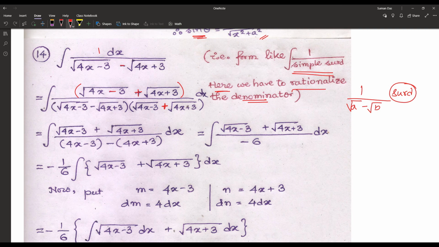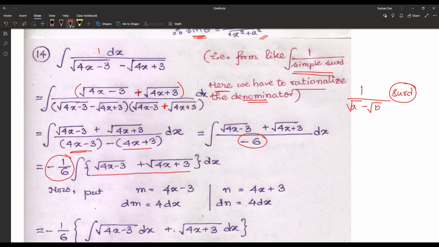So finally we get the denominator as 4x minus 3 minus 4x plus 3, that means a square minus b square form, and the denominator becomes minus 6 and the numerator is the surd. Now 1 by minus 6 can be written outside as a multiplier, as it is a constant. So only the numerator part is here.